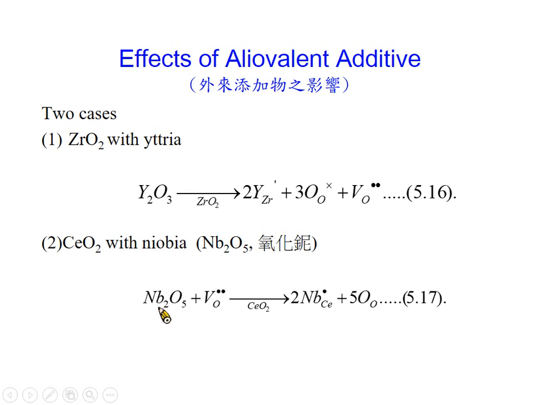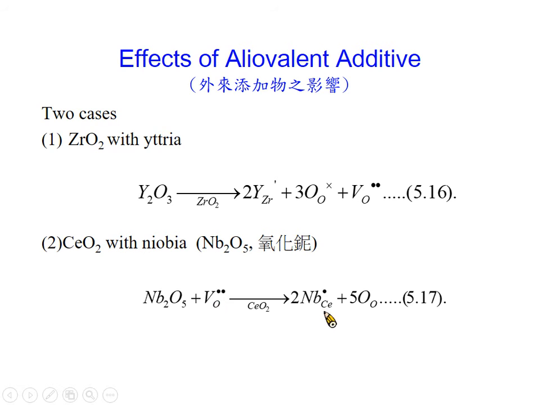So we can also find how many sites you can have for the ceria. Here we have 2 ceria sites and also 5 oxygen sites. But on the left, you have an oxygen site available here.